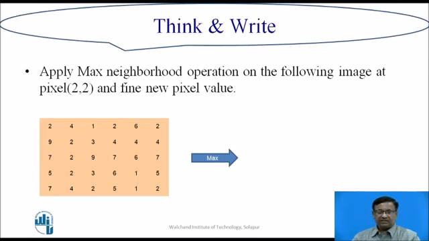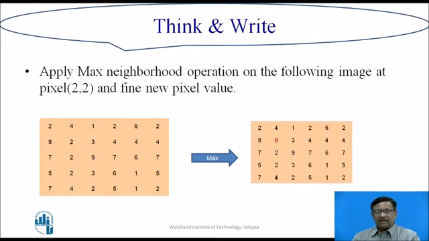That means the filter mask consists of 2, 4, 1, 9, 2, 3, 7, 2, 9 from the origin. The answer: the maximum pixel value in the 3 by 3 neighborhood is 9. That's why the center pixel value 2 will be replaced by 9, and this is called the max neighborhood operation. Similarly, we can apply the other algorithms.